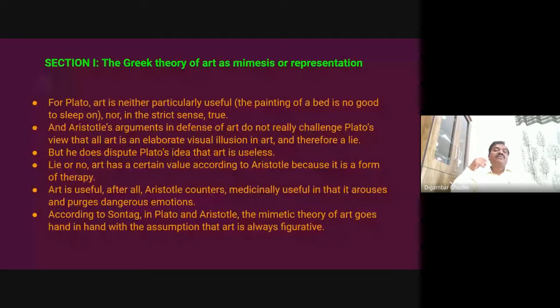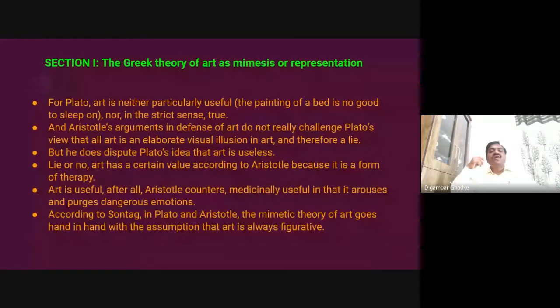But his disciple Aristotle came in defense of art. We see his arguments in defense of art, but they do not challenge Plato's view that all art is an elaborate visual illusion. Therefore, Plato says that art is a lie.